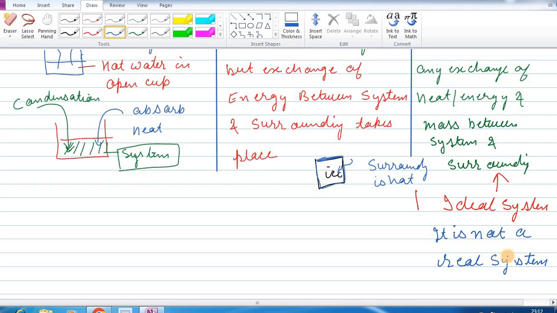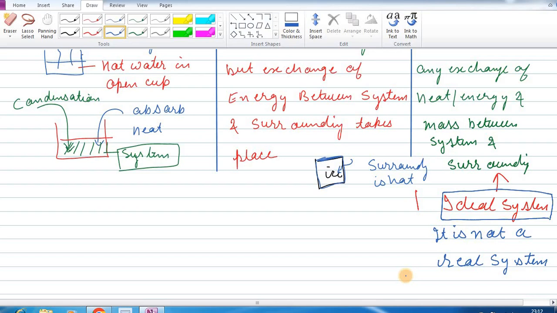Even there is exchange of energy between sun and Pluto. That is too far, but you cannot prohibit the exchange of energy. So we cannot have a perfect isolated system. That's why an isolated system is a kind of ideal system. We have not a perfect insulated system so far, that is insulated from the energy point of view.